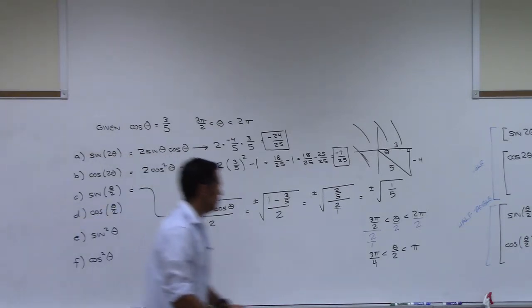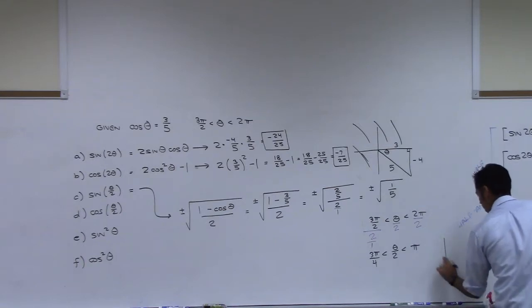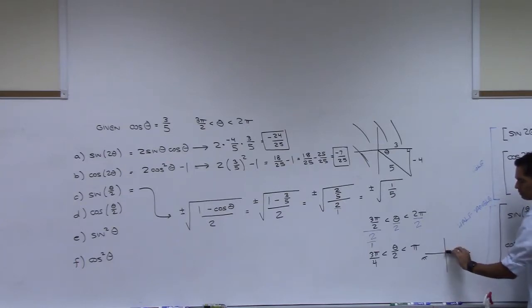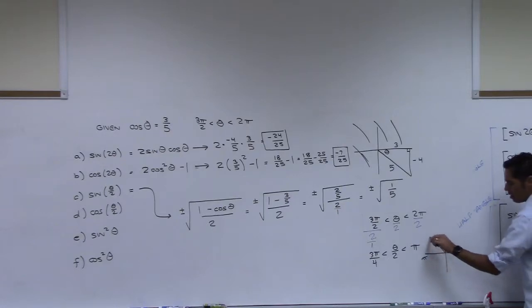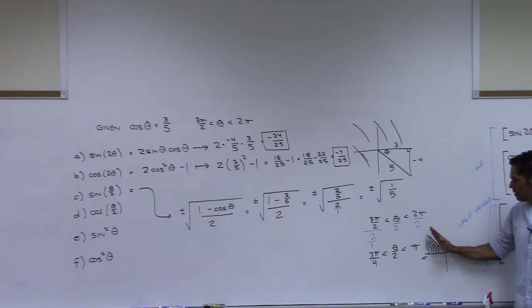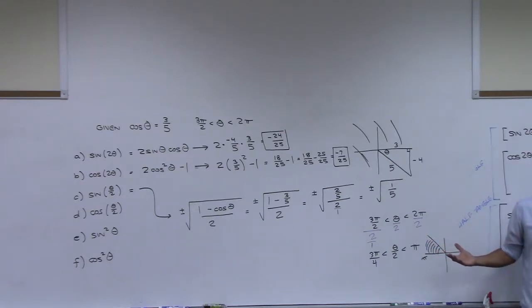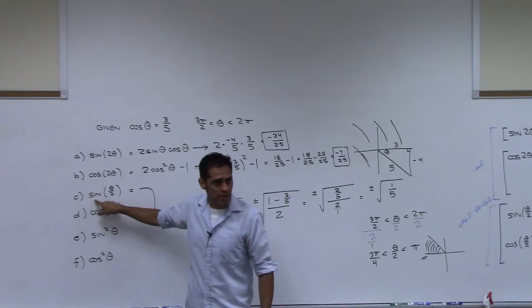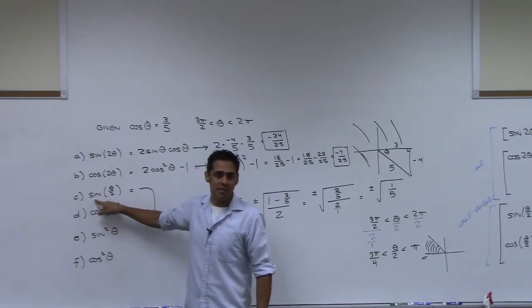So where is that? Let me just draw a quick picture here. This is pi. Where's 3 pi over 4? It's in the second quadrant. So we're somewhere in here, between 3 pi over 4 and pi. That means we're in the second quadrant. If we're in the second quadrant and we are looking at sine as the y-coordinate, we must be positive.